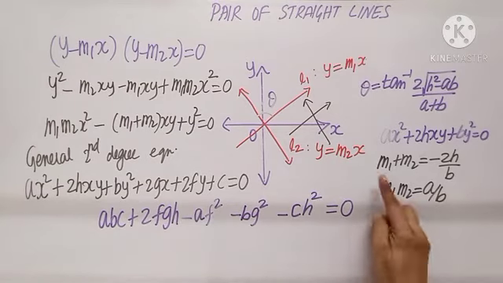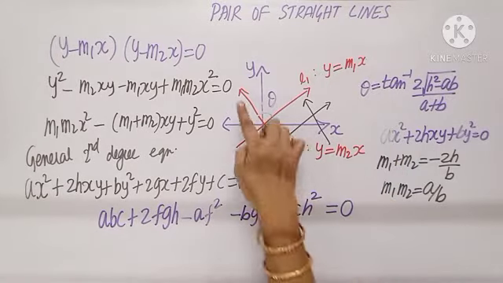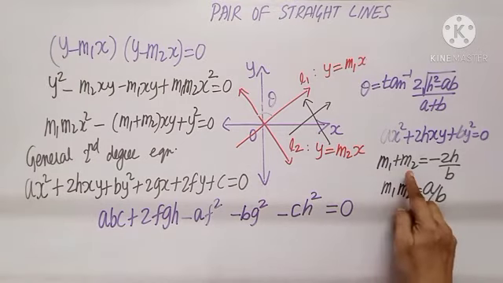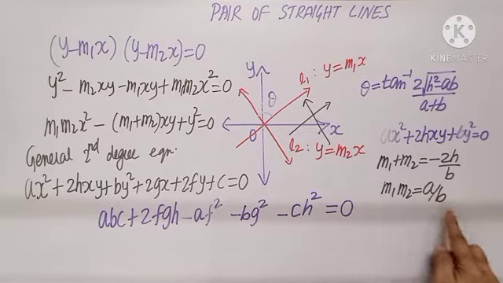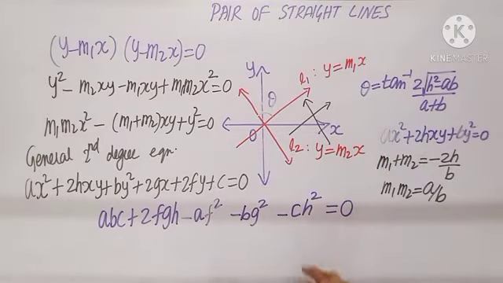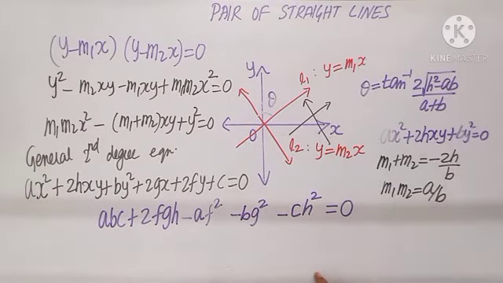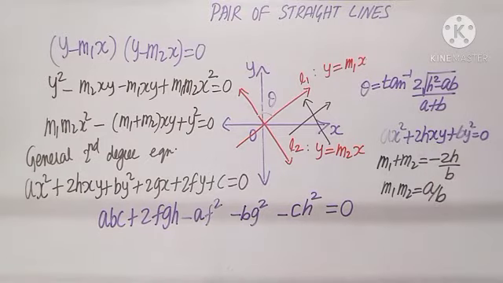So if m1 and m2 are the slopes of the two separate equations of the lines, we can compare m1 plus m2 with minus 2h by b, m1 m2 with a by b, where a we treat as the coefficient of x square and b we treat as the coefficient of y square. 2h is the coefficient of xy.